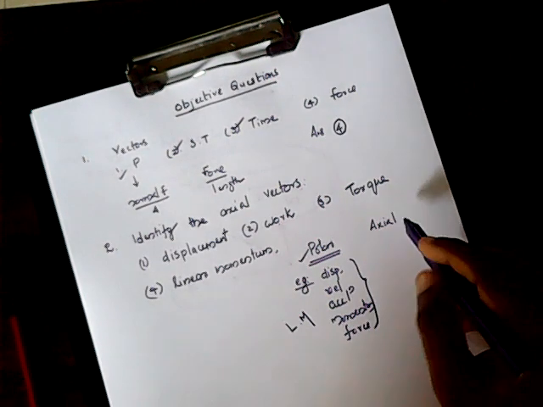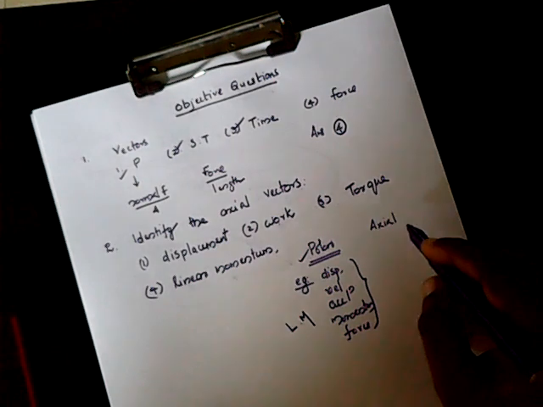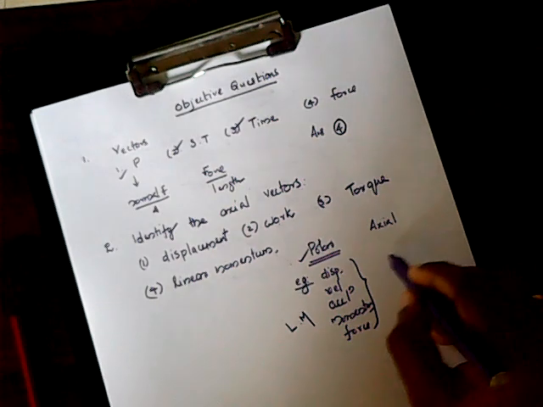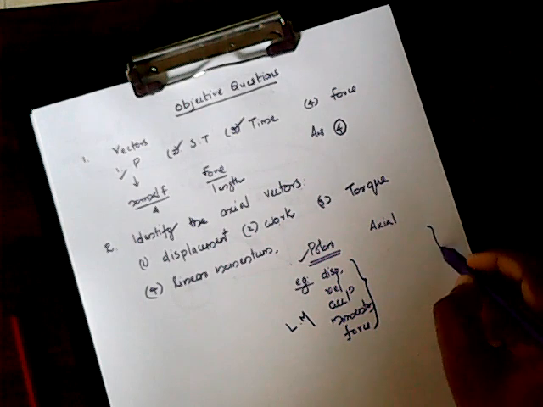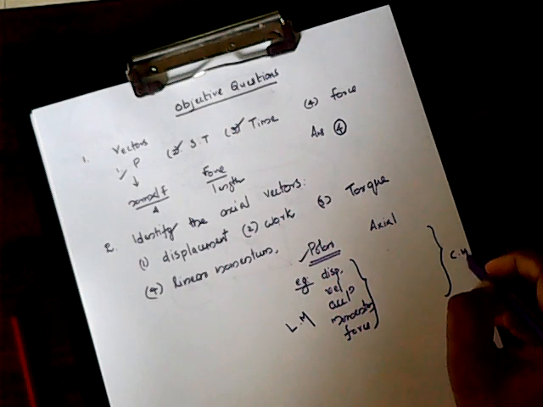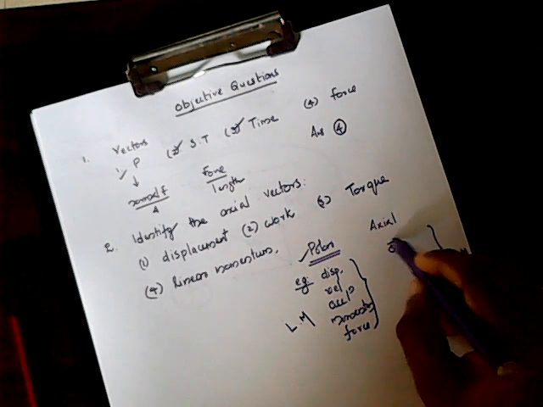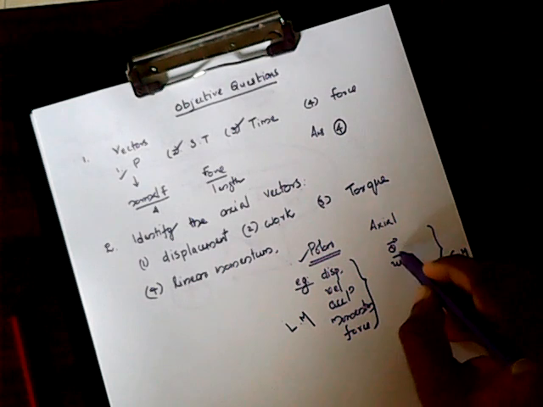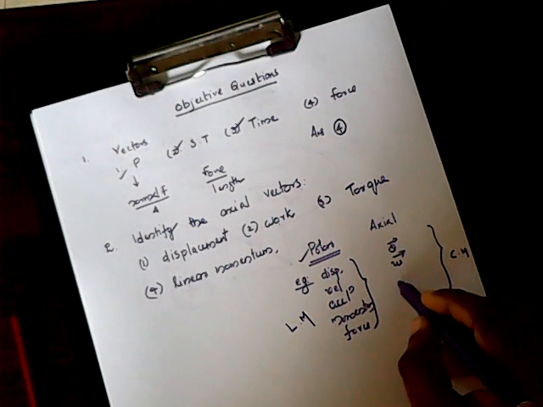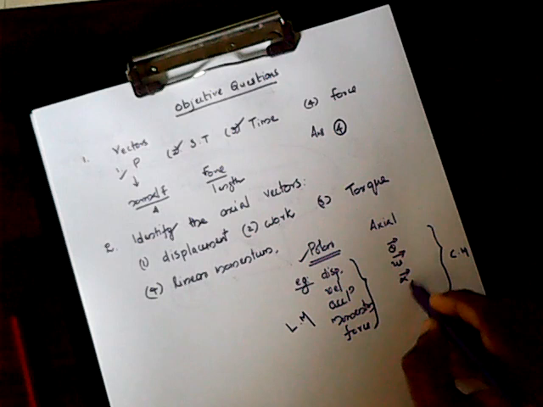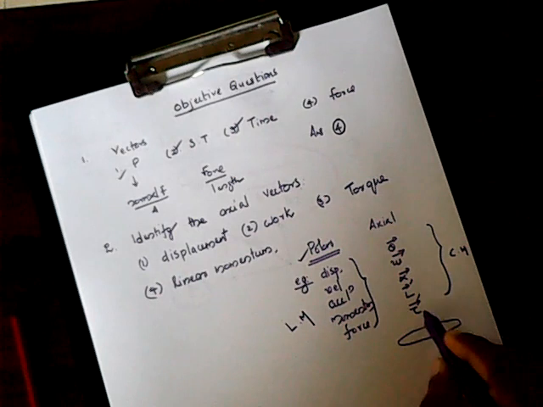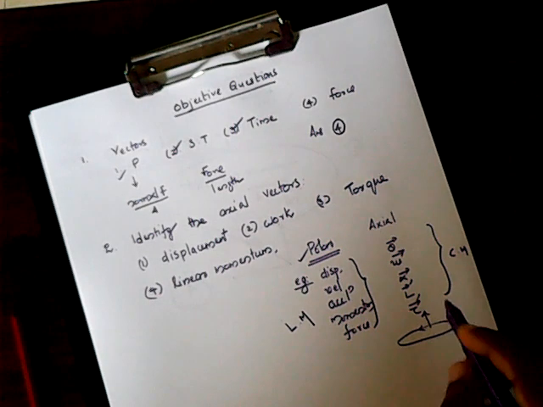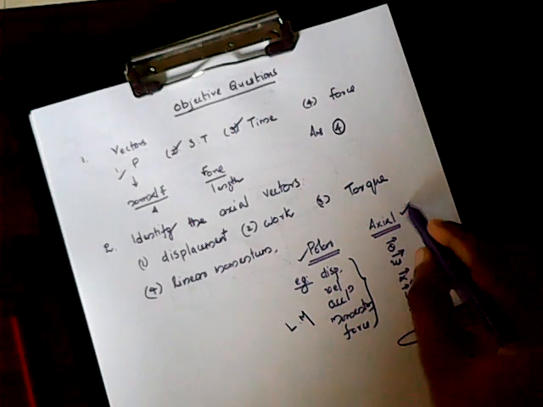But axial vectors are vectors acting along the axis of rotation. That means especially in circular motion, like angular displacement theta, angular velocity omega, angular acceleration alpha, angular momentum L, and the torque tau have their direction along the axis of rotation, and hence the name axial vectors.